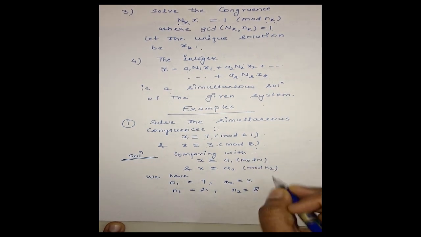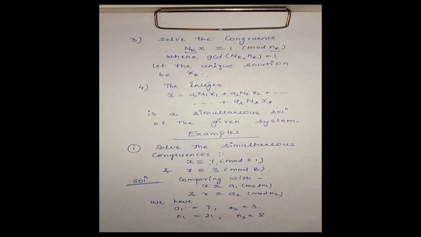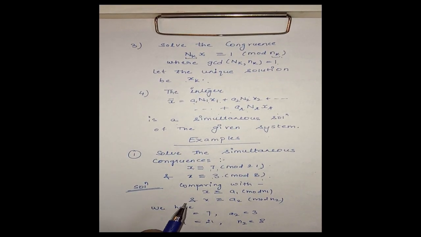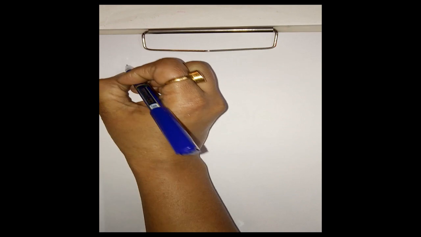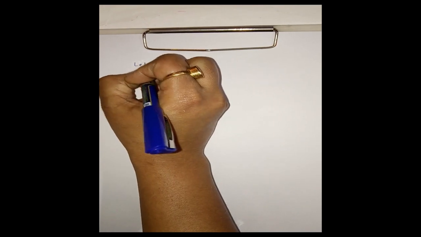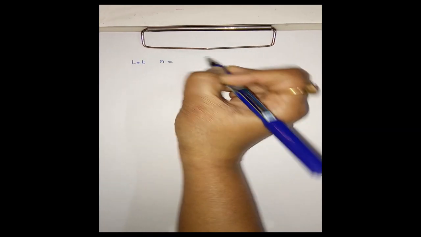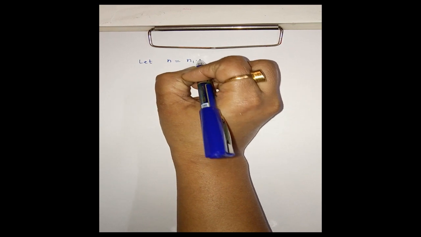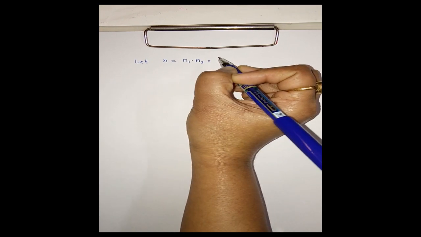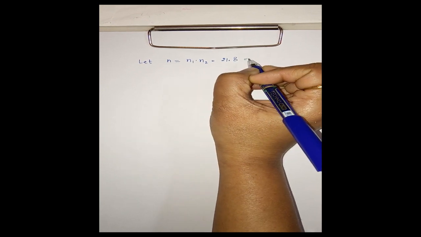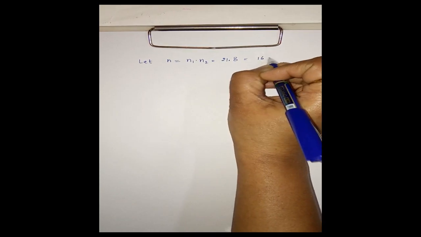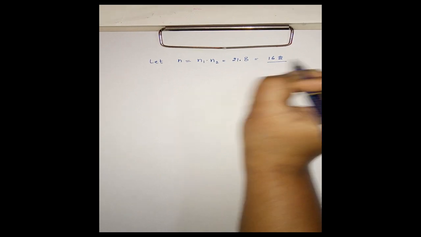For the first step, let n be equal to n1 into n2. Now n is 21 into 8, and the product will be 168. This is our first step.